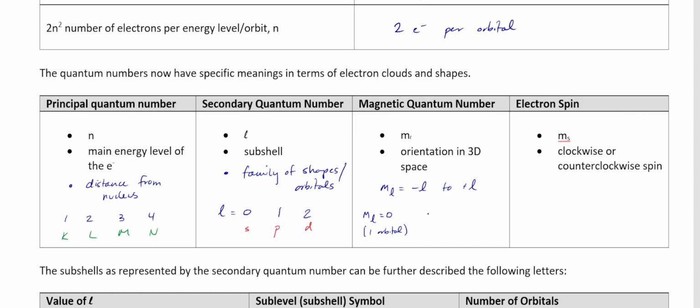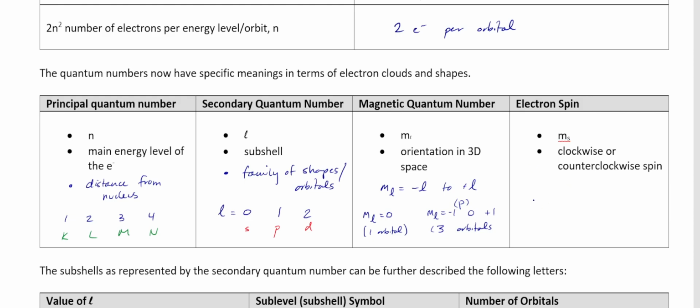When m sub L you have -1, 0, and +1, that's for the P subshell. There are going to be 3 orbitals.